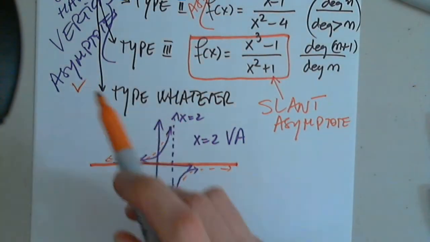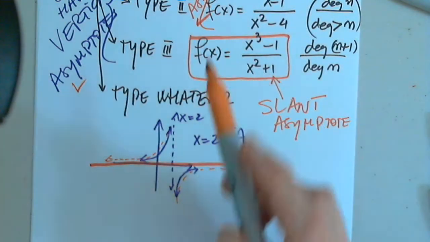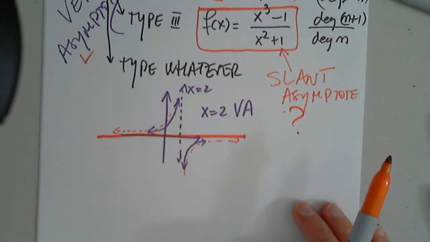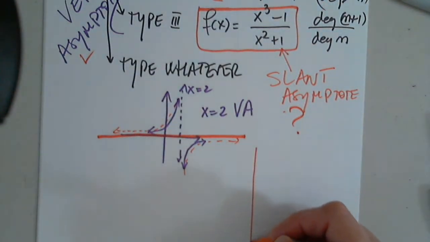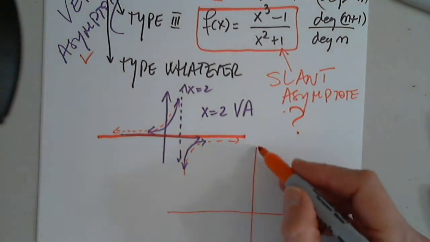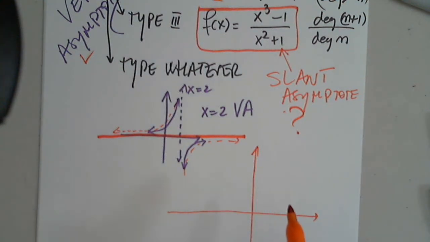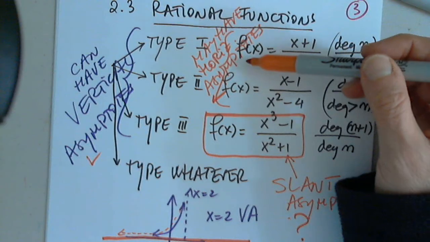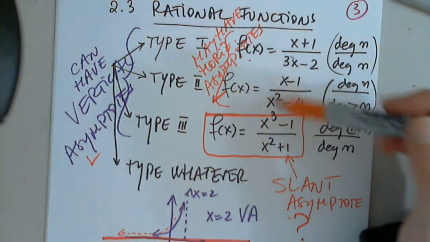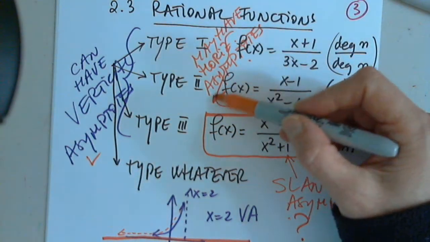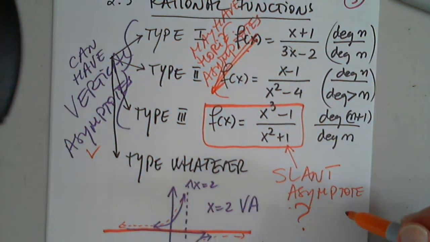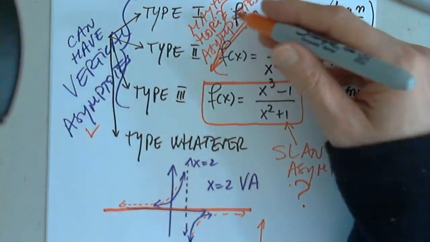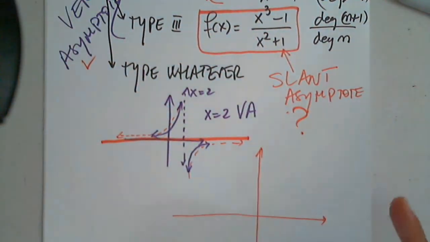Okay, so we know what a vertical asymptote looks like. We know how a horizontal asymptote looks, but what is this? We're going to look at situations in which a function, let's say, by the way, it cannot have horizontal and slant at the same time. If it has horizontal, it cannot have slant. If it has slant, it cannot have horizontal. So it's one or the other. I'm going to write a note here.